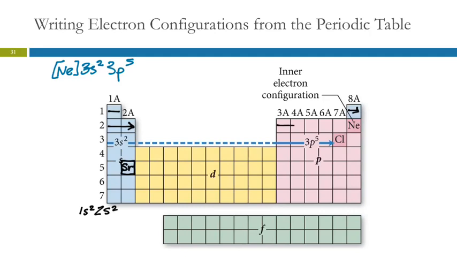Then we come over here, and what's that? 2p, right? And we're going to go all the way across, so 2p6. And then we come here, 3s2. And we come over here, 3p6, going all the way across that one. We come down here, 4s2.